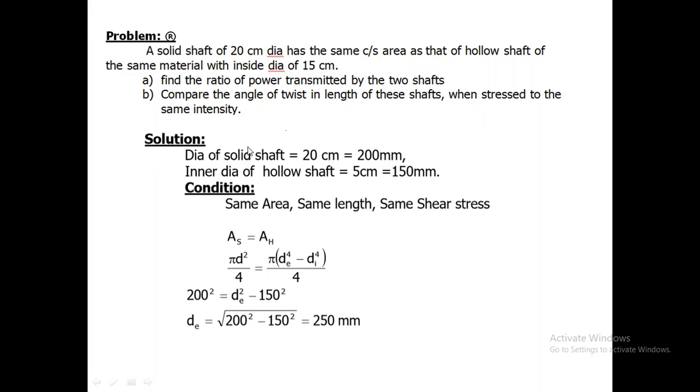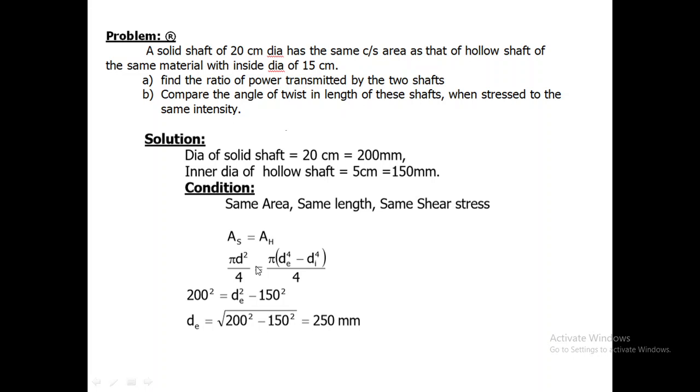Since the cross-sectional area of the hollow shaft is the same as the solid shaft, we first take that condition. If you substitute the formulas and the values, we can easily get the outer diameter of the hollow shaft.